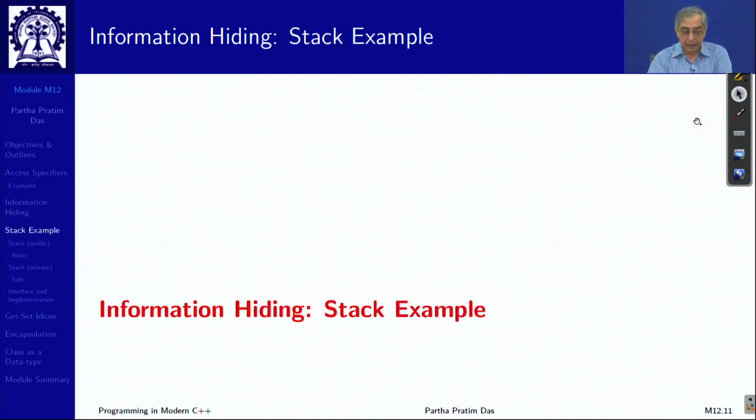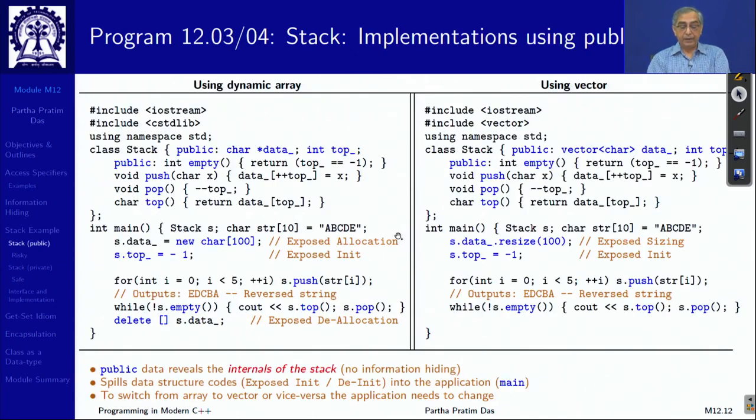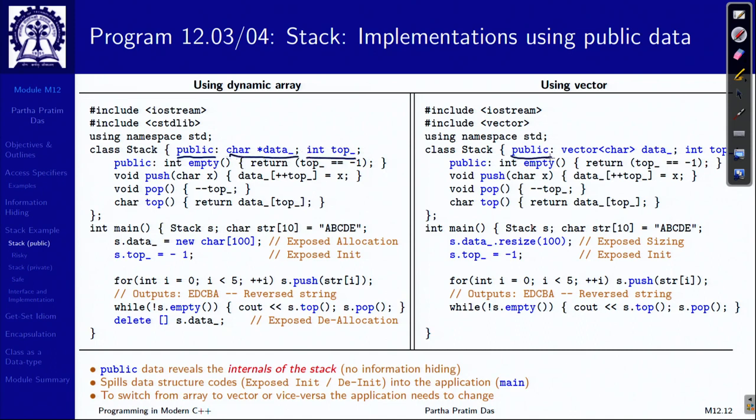So, let us look at stack at length in terms of information hiding. Usually, initially, let us say that everything is public. The data members, with two types of implementations using a dynamic array or the vector.